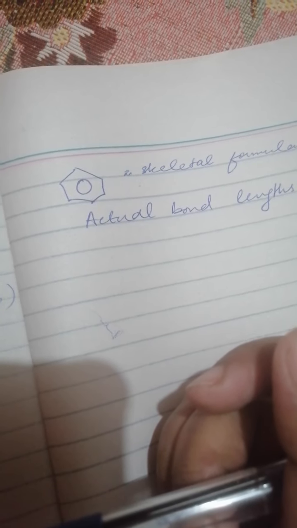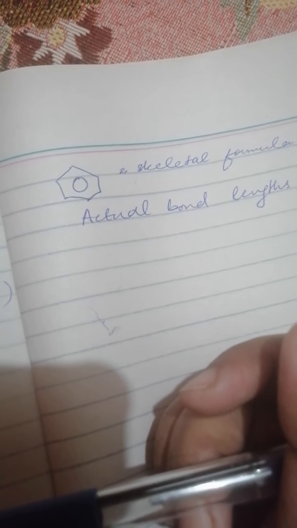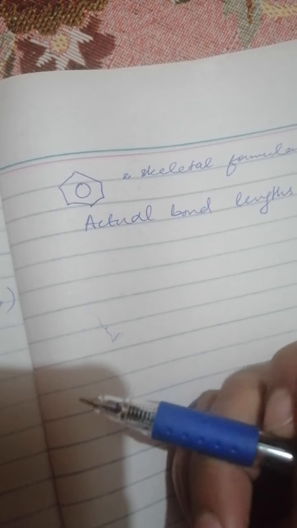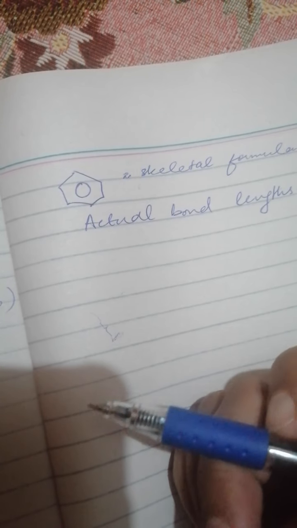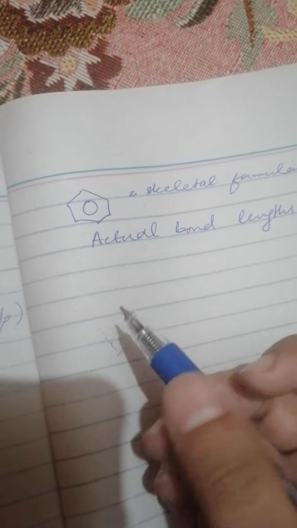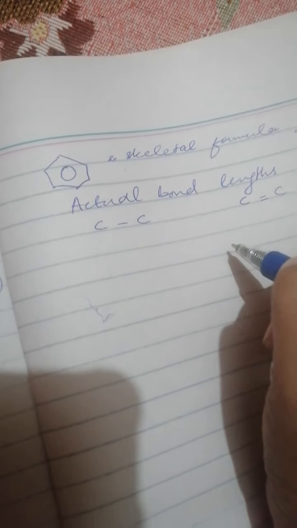So the carbon-carbon bond lengths in benzene lie between the values for a C-C single bond and a C=C double bond.